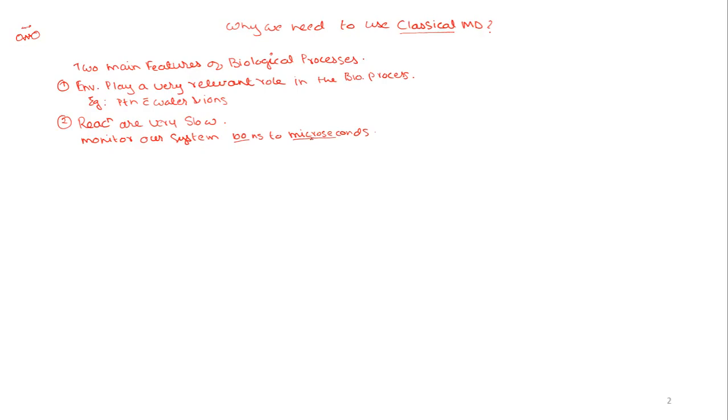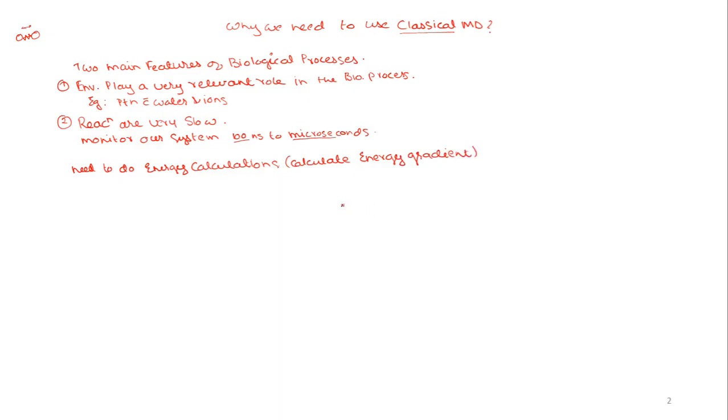Okay, so in short, what I mean is that we need to do a lot of energy calculations, and in future we would refer to these energy calculations as calculating the energy gradient.